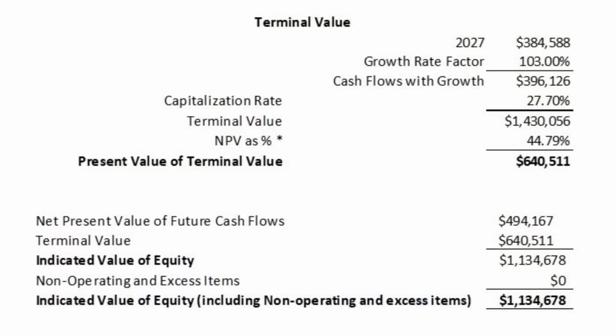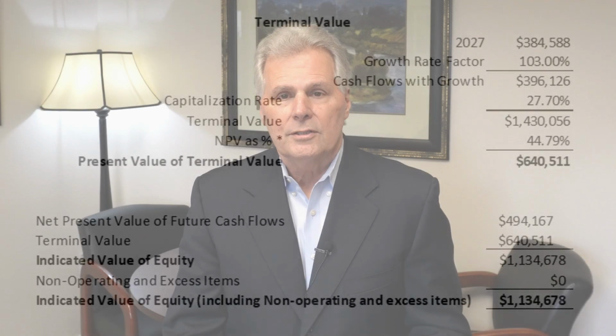In this case, it had come out to be the terminal value would be around $640,500, or the total indicated value, not including any excess items that we've taken off the balance sheet, of approximately $1.1 million.